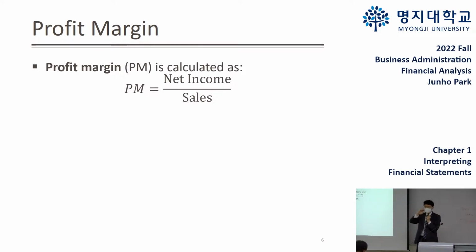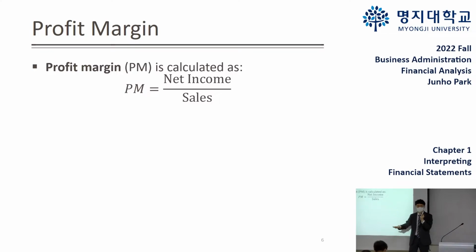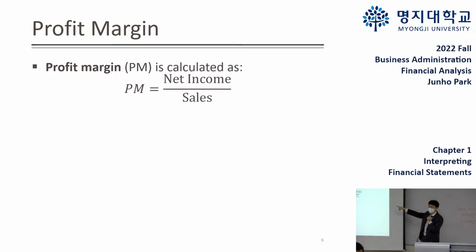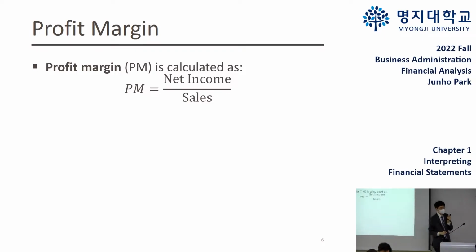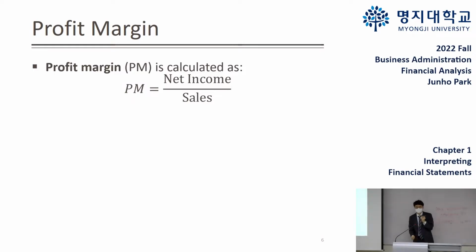And then you deduct some expenses as well as others, and then eventually you obtain the net income at the bottom of the income statement. So this is the bottom line, the final thing you will find on the income statement. So basically, this profit margin measure is summarizing the income statement.